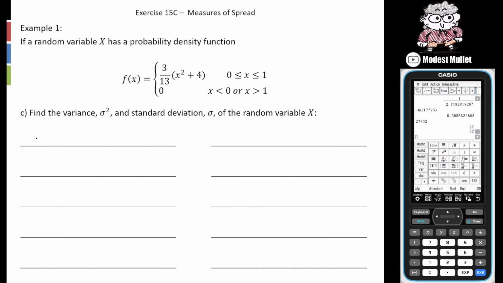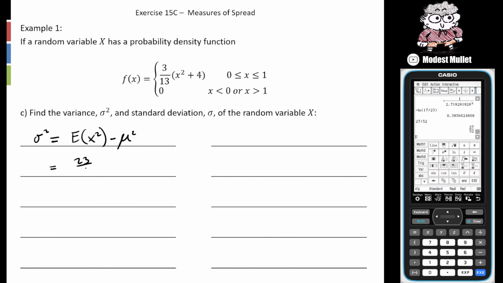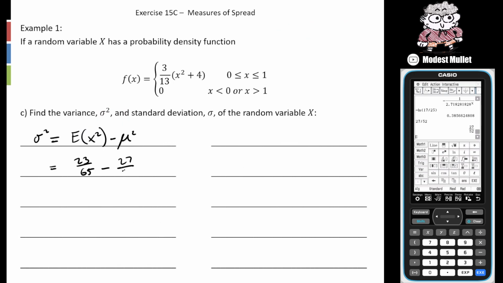So find the variance. The variance, which is standard deviation squared, is just going to be equal to, as I was just saying, E of x squared take away the expected value squared. We just found that to be 23 on 65, take away 27 on 52, all squared. Oh dear. For sake of time and brevity in this video, let's just do that in our calculator, shall we?